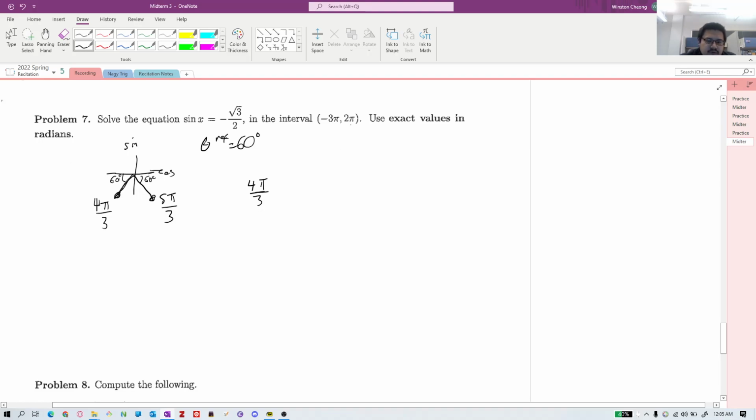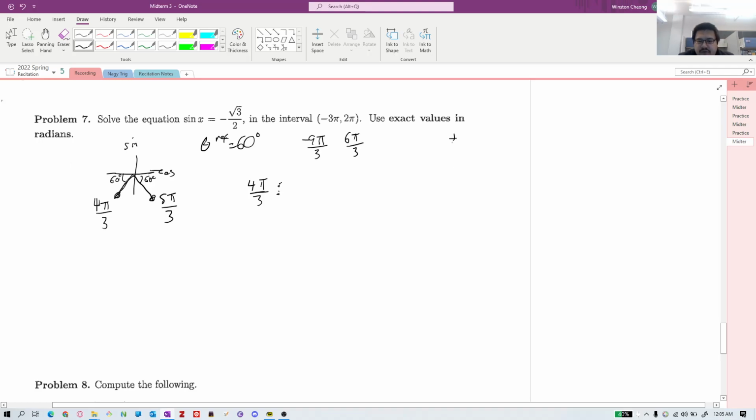So I'm going to think of this 2 pi as 6 pi over 3. And then the minus 3 pi, I'm going to think of it as minus 9 pi over 3. This is just to make comparing the values that we get out a lot easier for us.